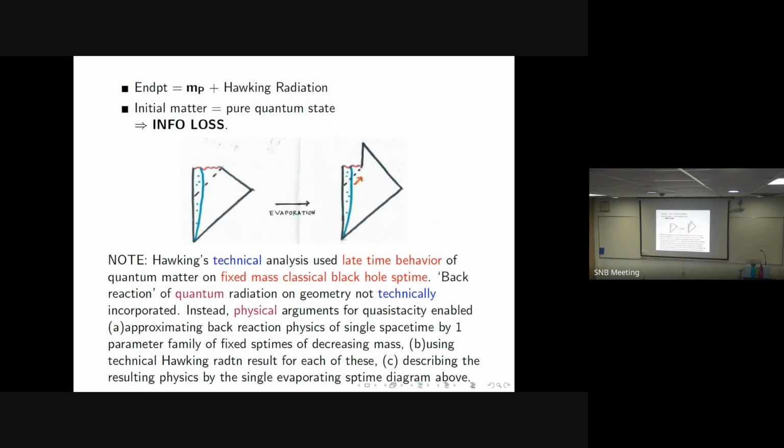So what has happened is that at the end of this evaporation, you started out with this, and then at the end of it, you have something of Planck mass, be it 500 Planck mass or 10,000 Planck mass, but whatever. And you have a whole bunch of thermal radiation. Now, when you created this black hole, you could imagine putting this matter in a pure quantum state.